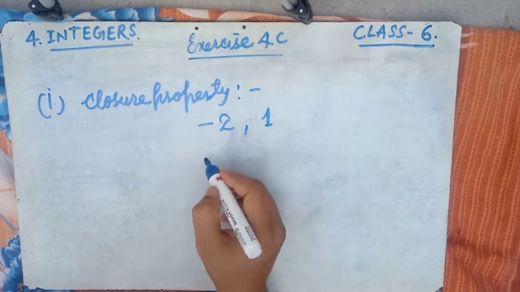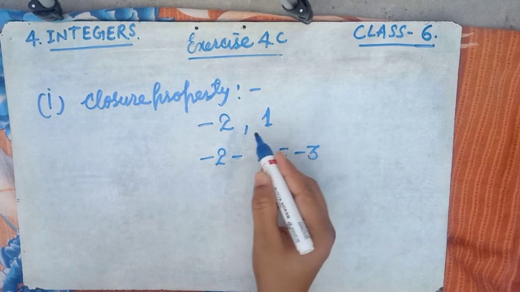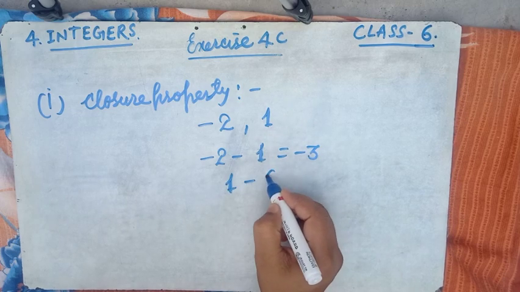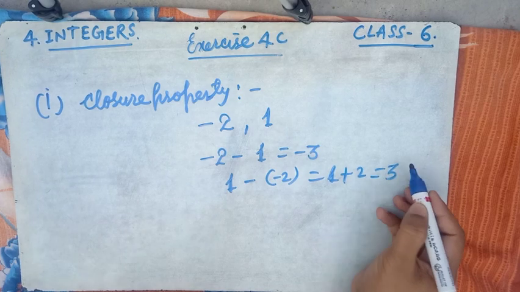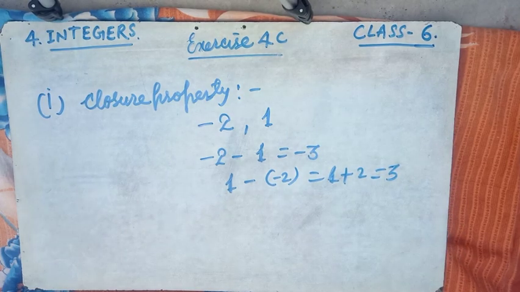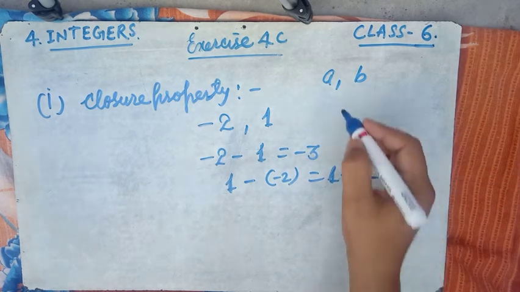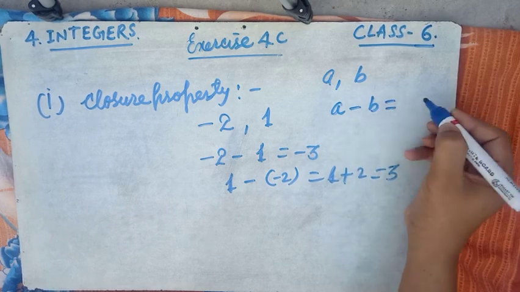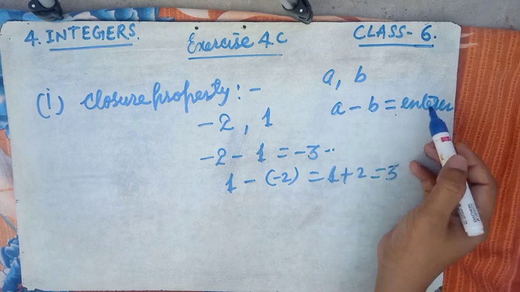Subtracting 1 from minus 2 is equal to minus 3, or we can subtract minus 2 from 1, which is 1 plus 2 equal to 3. That means the subtraction of any two integers is always an integer. In general form, suppose a and b are two integers, then a minus b is also an integer. Integer minus integer is equal to integer.